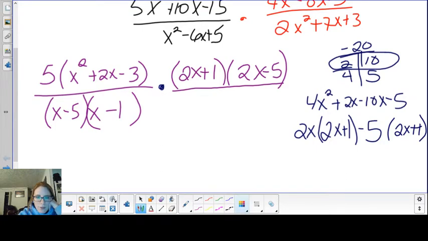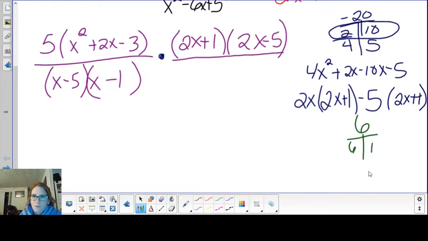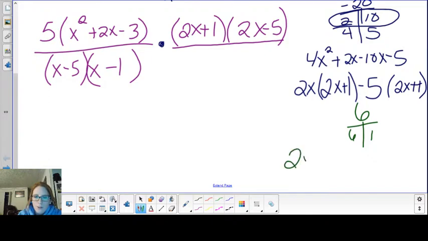And then I have to do the same idea for my denominator. So I'm going to multiply 2 times 3, which is 6. What multiplies to 6 adds to 7? There you go, 6 and 1. So I have 2x squared plus 6x plus x plus 3.